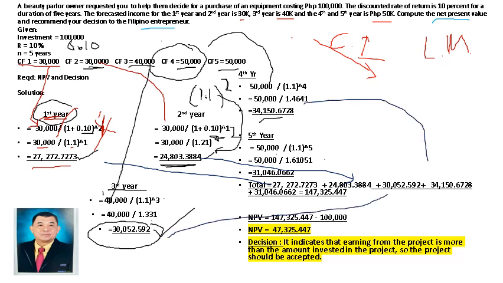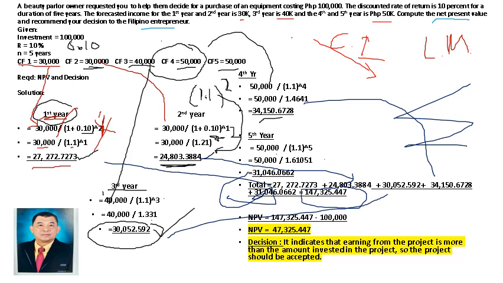Fourth year, this one. Fifth year, this one. So you add them. That's why there is a summation in the formula. So the total answer is 147,325.447, meaning that is the total or aggregate discounted cash flow.